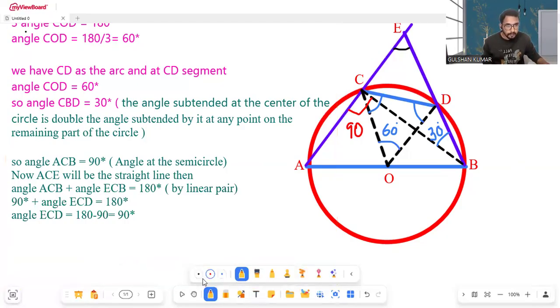Here it is clear that this will also be 90 degrees, this will be 30 degrees, and this we have to find out.